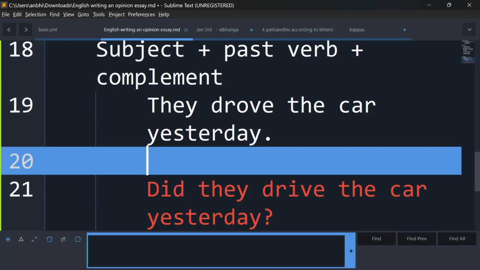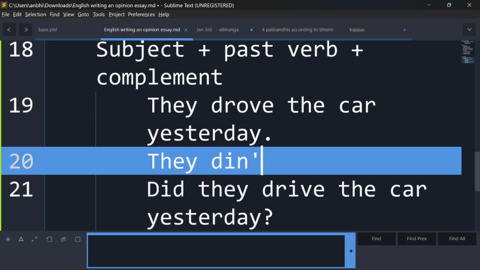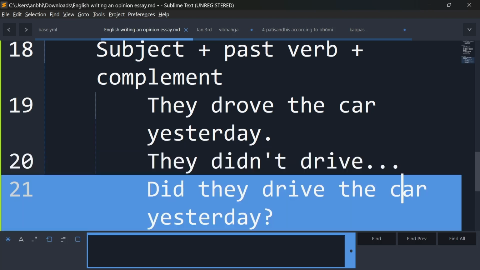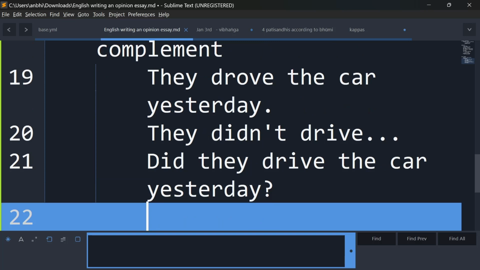Now, this sentence, but negative. The first one, but negative. They didn't, or they did not. They didn't drive, not drove, right? Okay. Now, you can also make a negative question, right?